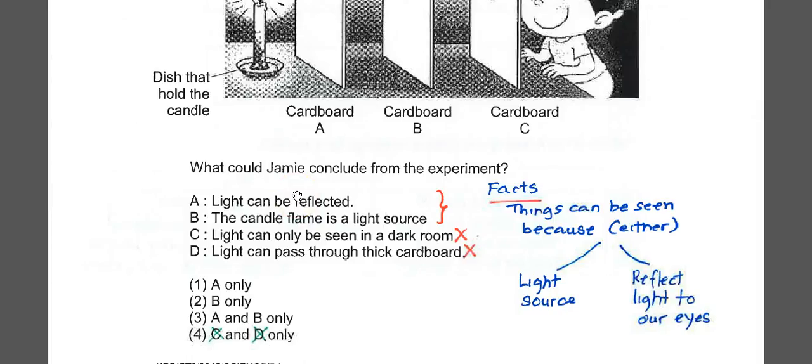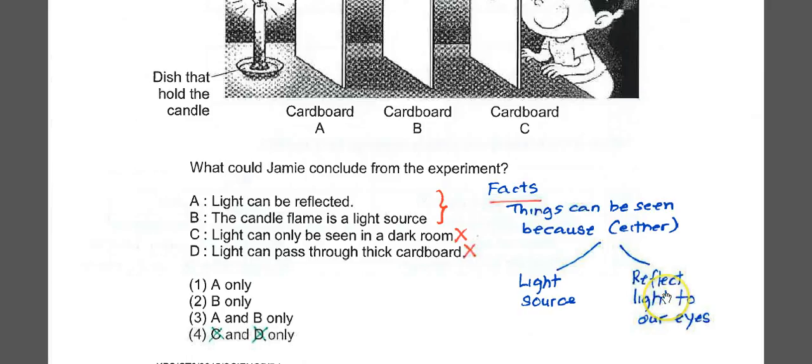What it means is that things can be seen. You have to see these facts here. It's either they are light sources themselves, or the light shines onto the object, and that object reflects light into our eyes.